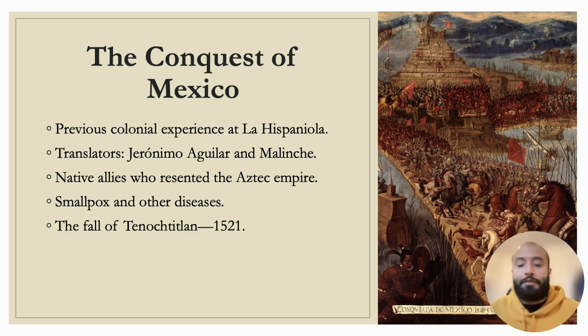So we have people like, for instance, the Tlaxcala people, which is today a city very close to Mexico City, that were actually allies. And so when the Spaniards attacked Tenochtitlan in 1521, it was not only the 1,000 people who came with them, right?